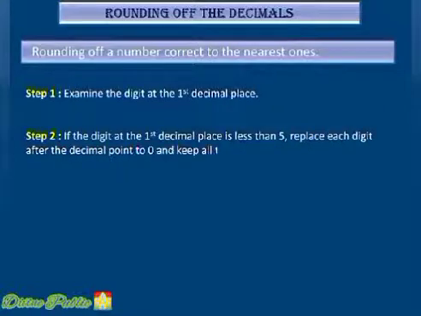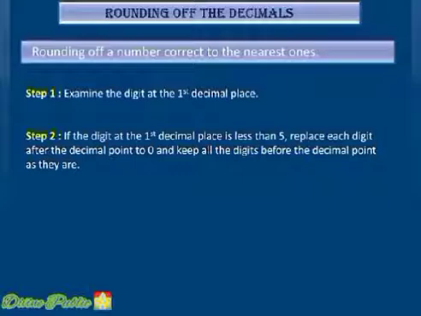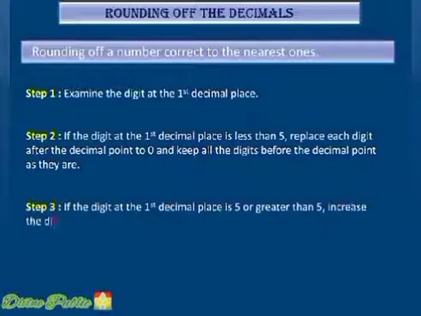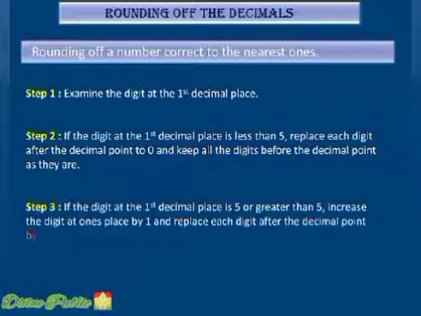If the digit at the first decimal place is less than 5, then replace each digit after the decimal point by 0 and keep all the digits before the decimal point as they are. Step 3. If the digit at the first decimal place is 5 or greater than 5, then increase the digit at ones place by 1 and replace each digit after the decimal point by 0.